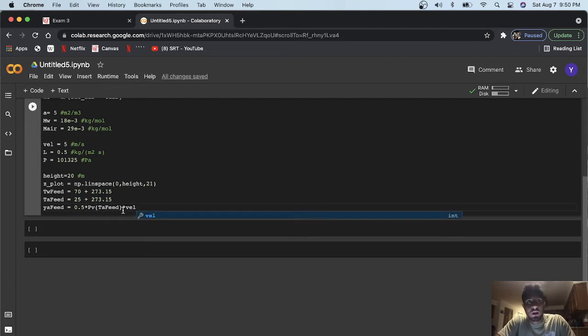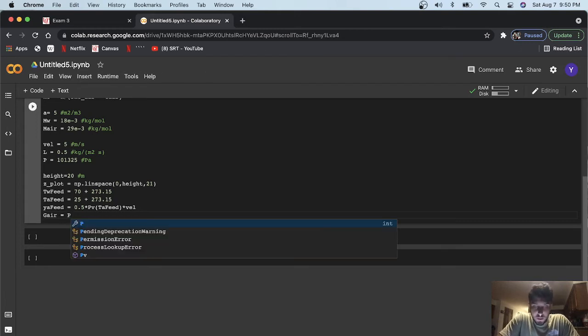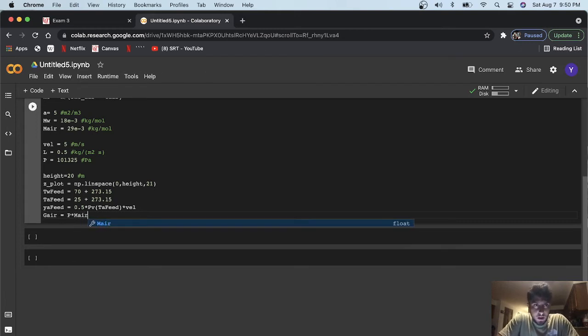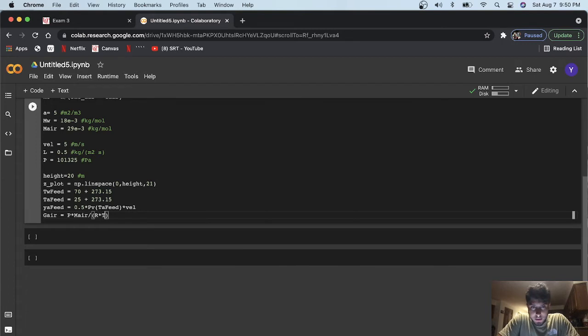That will give us the mole fraction of the feed. Okay, and we also need the gas flow rate of the air, and we know that's the pressure multiplied by the molecular weight of the air divided by the gas constant multiplied by the temperature of the air of the feed, and that is going to be multiplied by its velocity.